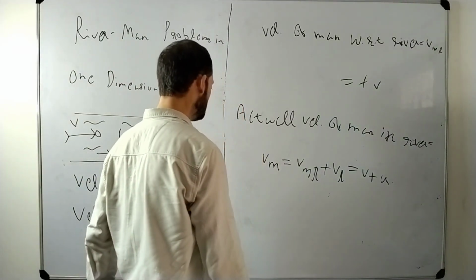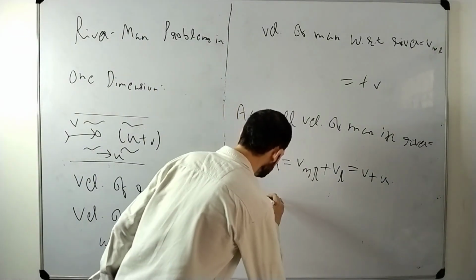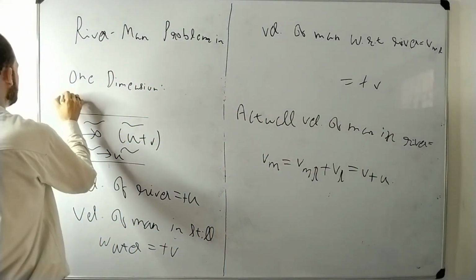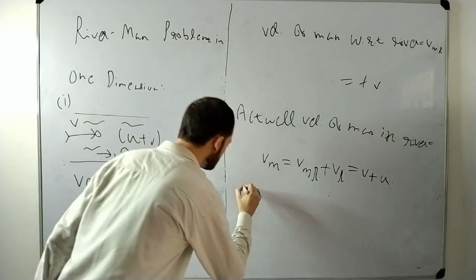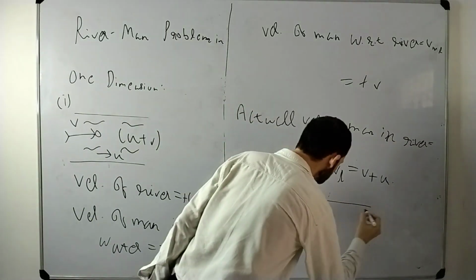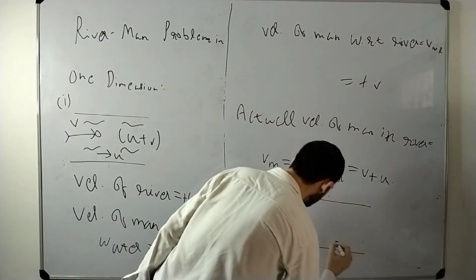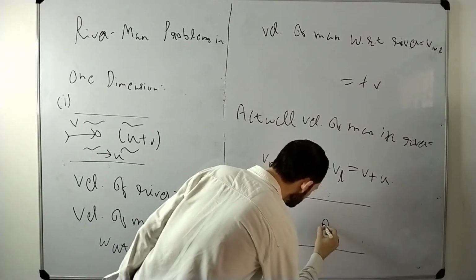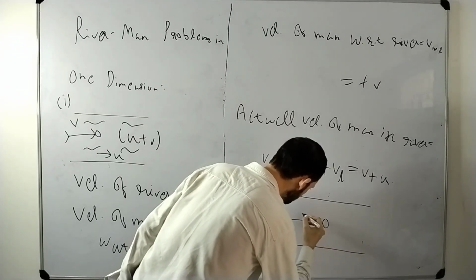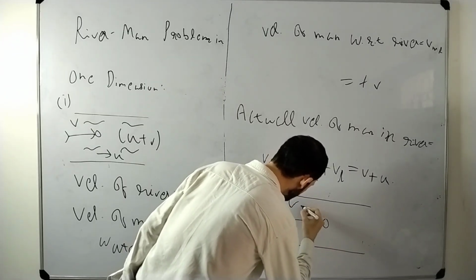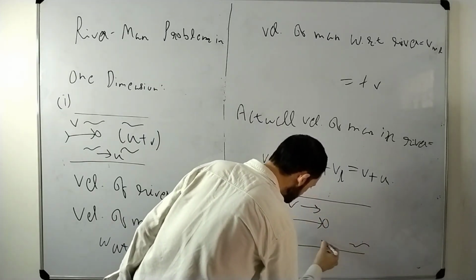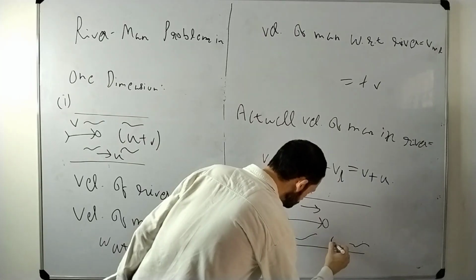Case second. So this is the first case, this is the second. This is again me in the river, and I am going in the same direction, but this time I am going against the river flow.